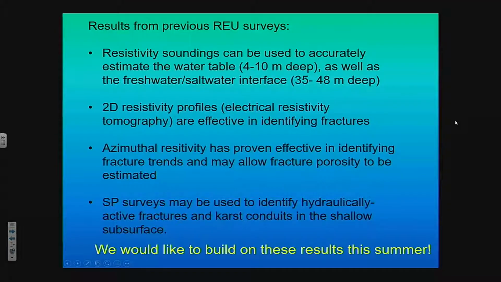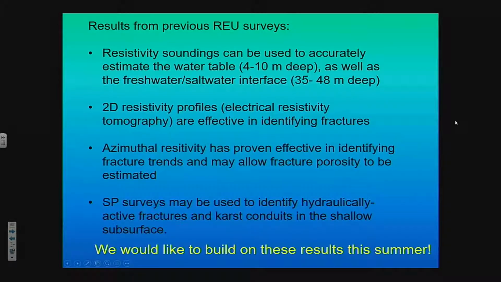As I just showed you, the 2D resistivity profiles are effective in identifying fractures. That's also called ERT, or electrical resistivity tomography. Azimuthal resistivity is proven effective in identifying fracture trends. And there's actually a way to estimate fracture porosity from that, which I think I'd like to do this year.